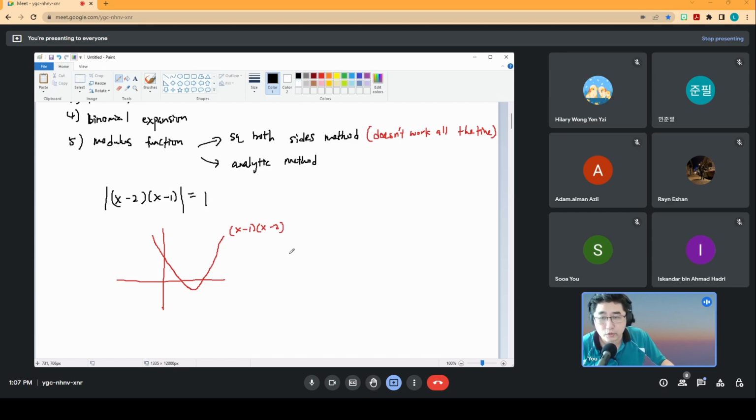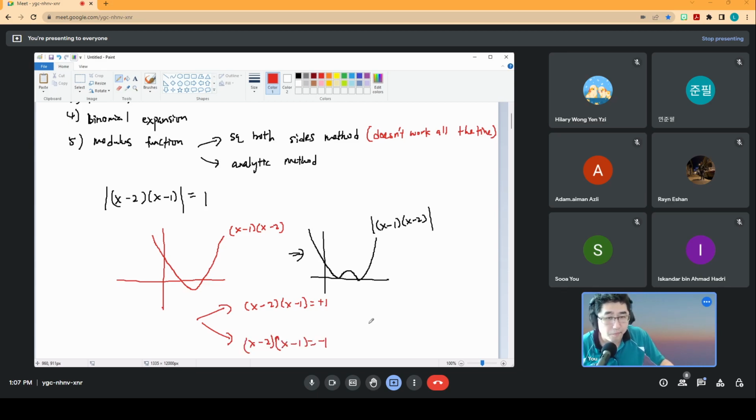When we convert it into a modulus transformation, I will have a graph that looks like this. If I want to solve this question, I may need to split it into the positive sign and the negative sign. So I have x minus 2, x minus 1 equals to positive 1, and x minus 2, x minus 1 equals to minus 1.